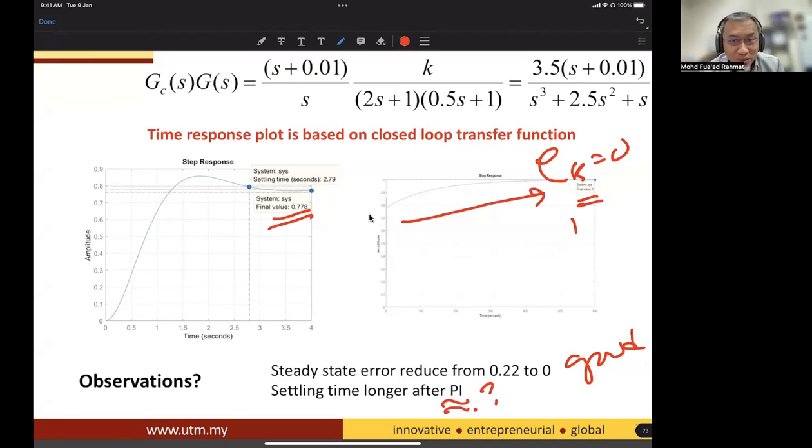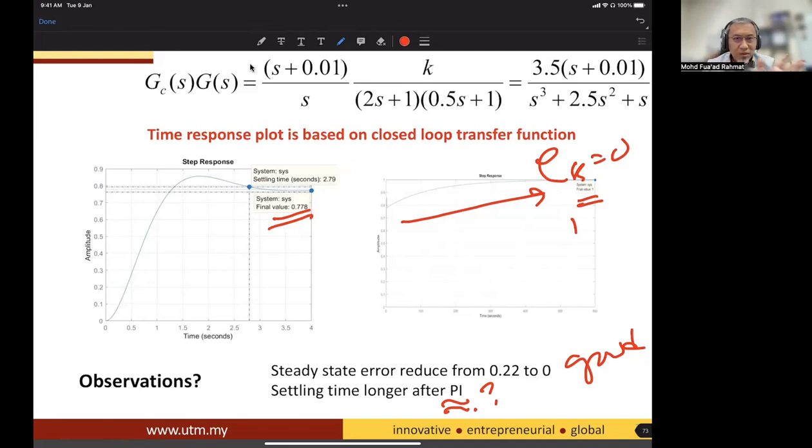Doctor, is it better to have a smaller number than 0.1, or is it the same effect? A smaller number than 0.1? Yes, 0.01, 0.001, as long as it's very close to the 0 value. Did I answer your question? No better: 0.1 or 0.01 doesn't affect the transient response.